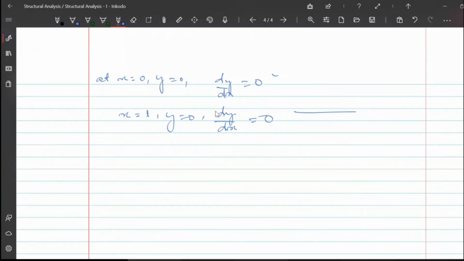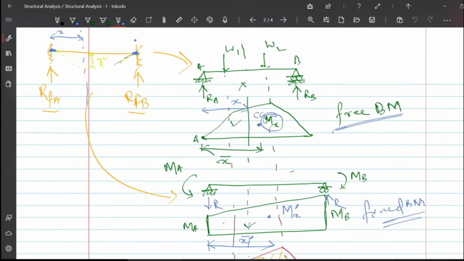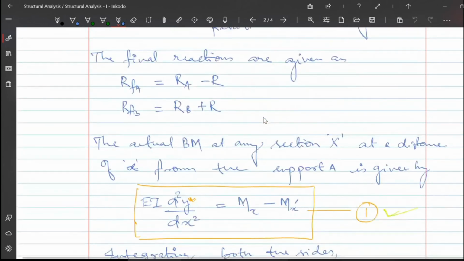Before that, let us number the equations so that it will be easier for us.